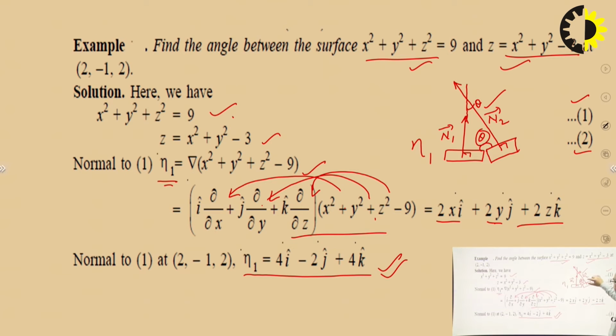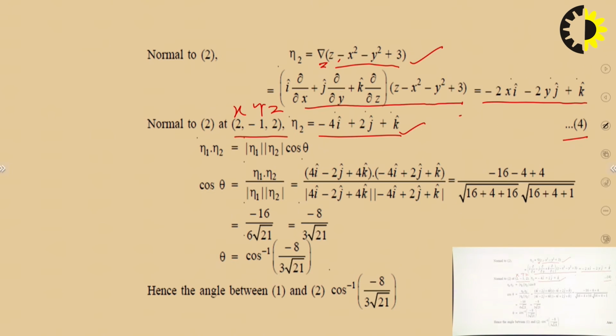Now we have determined these two normal vectors n1 and n2, and then we are going to apply the formula for the angle between two vectors: n1 dot n2 is equal to the magnitude of n1 and n2 times cos theta. So for the angle, cos theta is equal to n1 dot n2 divided by the product of the magnitudes of n1 and n2.